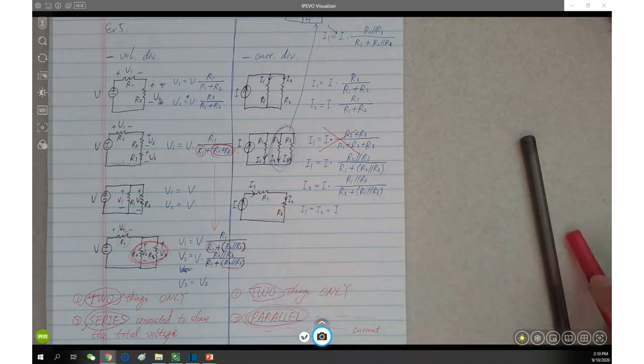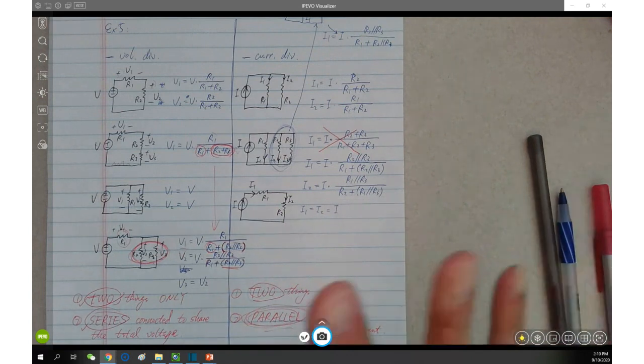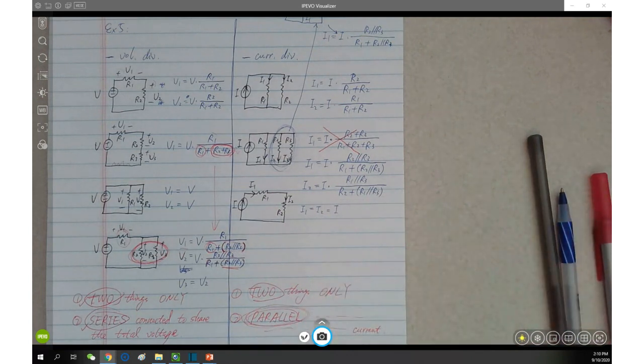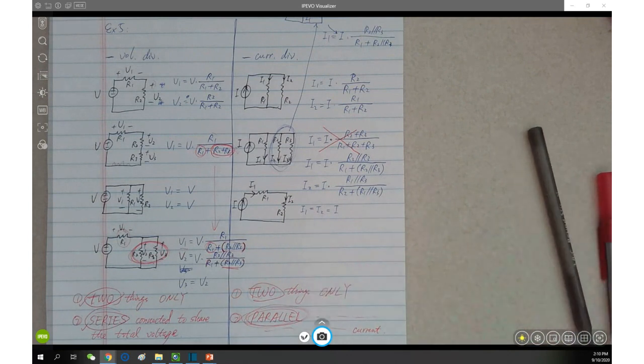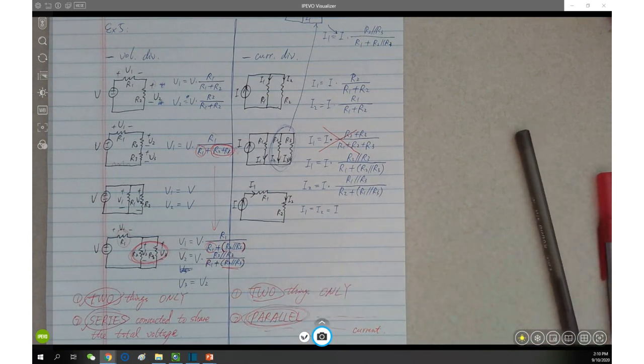Two things in series share exactly the same current. It's not a current divider. It's not dividing the current. They have exactly the same current, right?